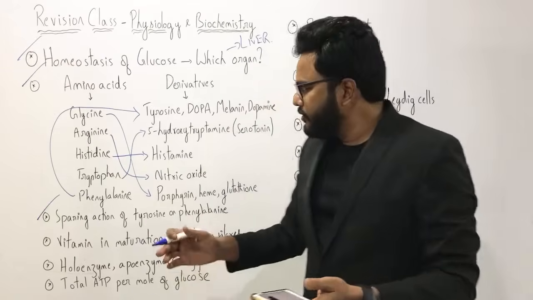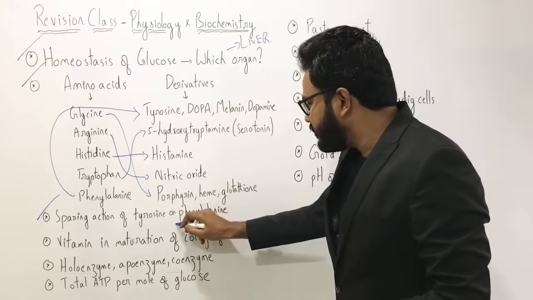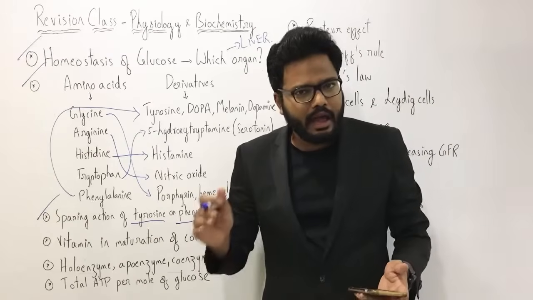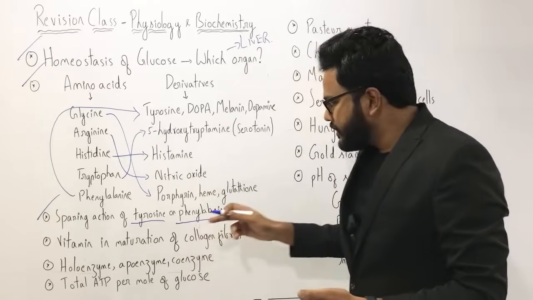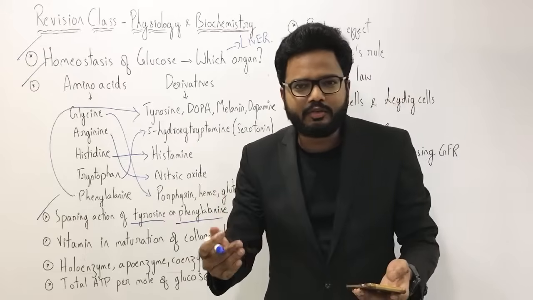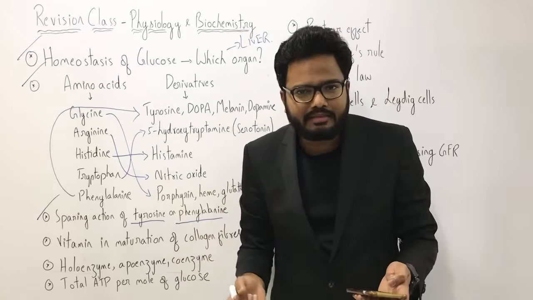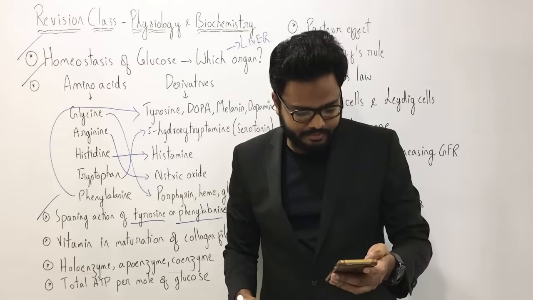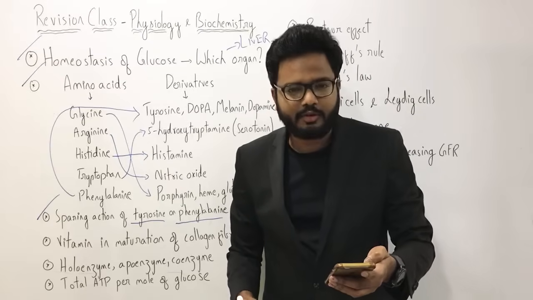Very good. So as you know, both phenylalanine and tyrosine are aromatic amino acids, right? And among these, based on what you said, which of them is an essential amino acid and which of them is a non-essential amino acid? Yes, good.